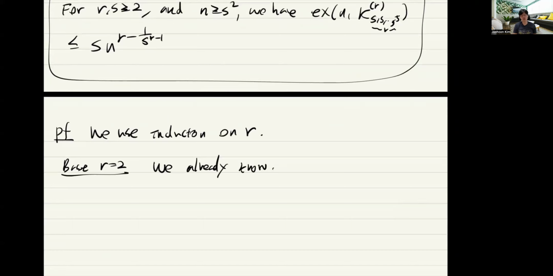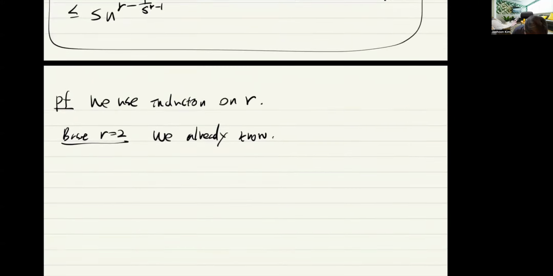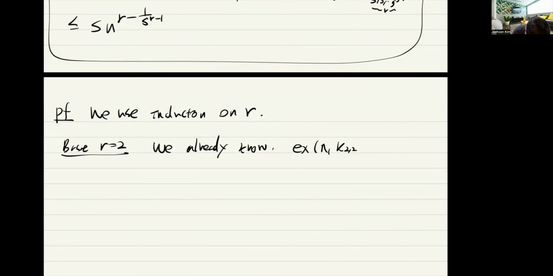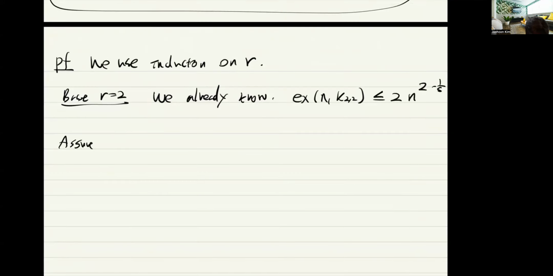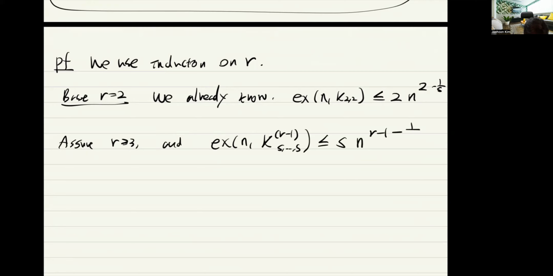We already proved the upper bound on the extremal number of K_2, and that can be easily generalized to K_{1,s}. Now r is at least 3, and we assume that the extremal number for the (r minus 1)-uniform, (r minus 1)-partite graph holds.